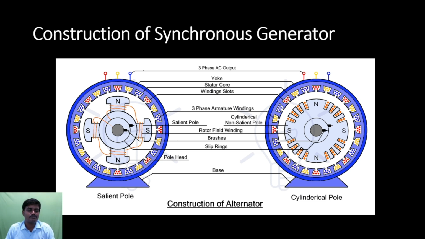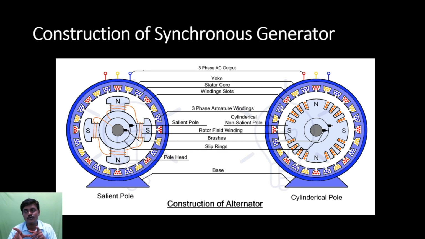In order to place the armature winding in the stator in a circular manner, we have slots and teeth. In the slots we have the coils, and the teeth support the coils when the rotor rotates. Due to inertia, the coils will not come out from the stator side, so for that we use the teeth on the stator.